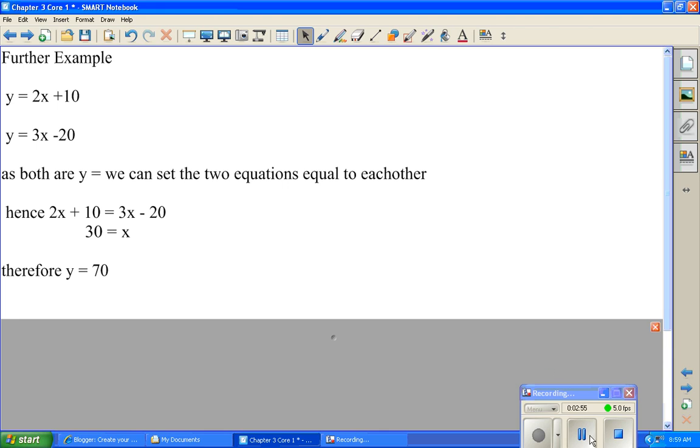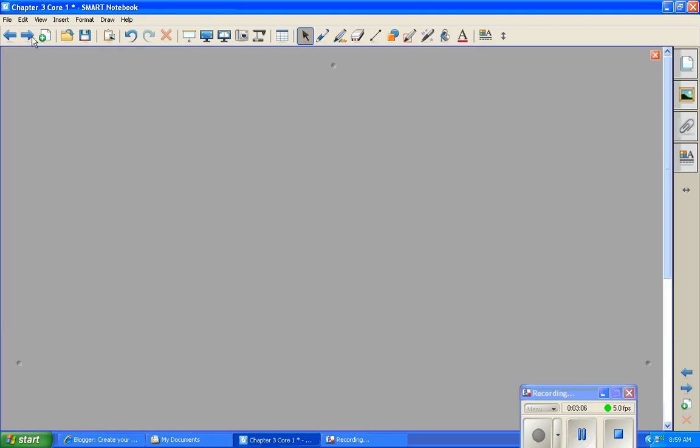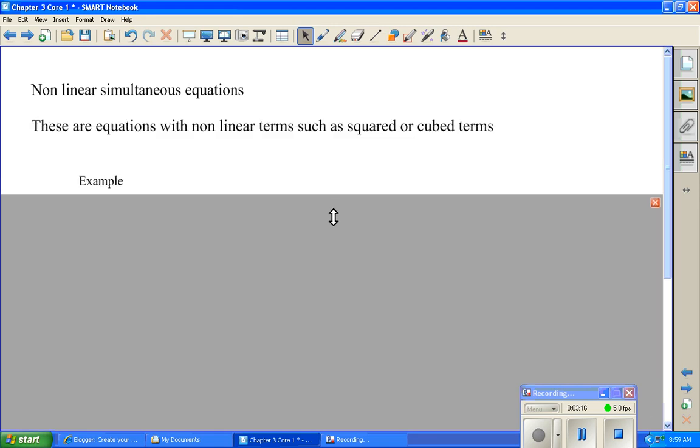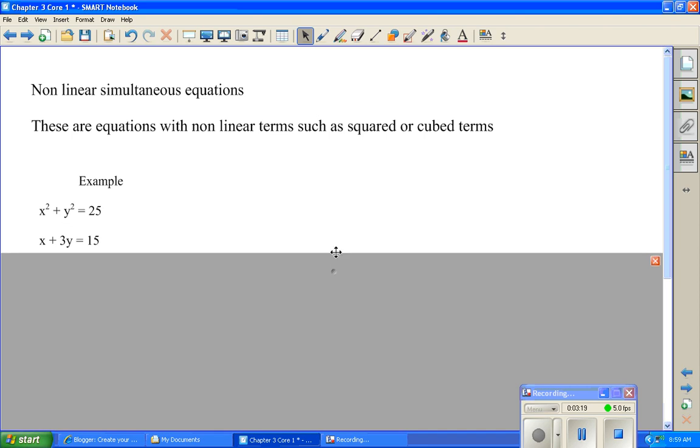Okay, and that's what you need to know really about solving simultaneous equations by substitution. The good thing about doing it by substitution now is that we can then move on further and look at non-linear simultaneous equations. These are like these, really.